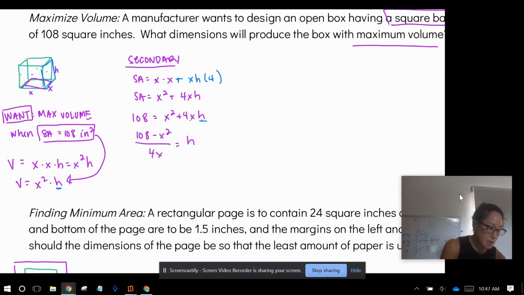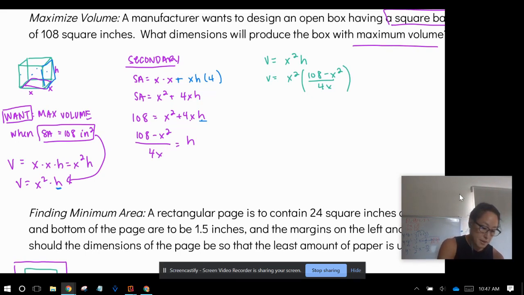Now we go back to our main equation. The volume is equal to x squared h, and I replace h with 108 minus x squared over 4x. The fewer variables, the easier it is for us to evaluate.